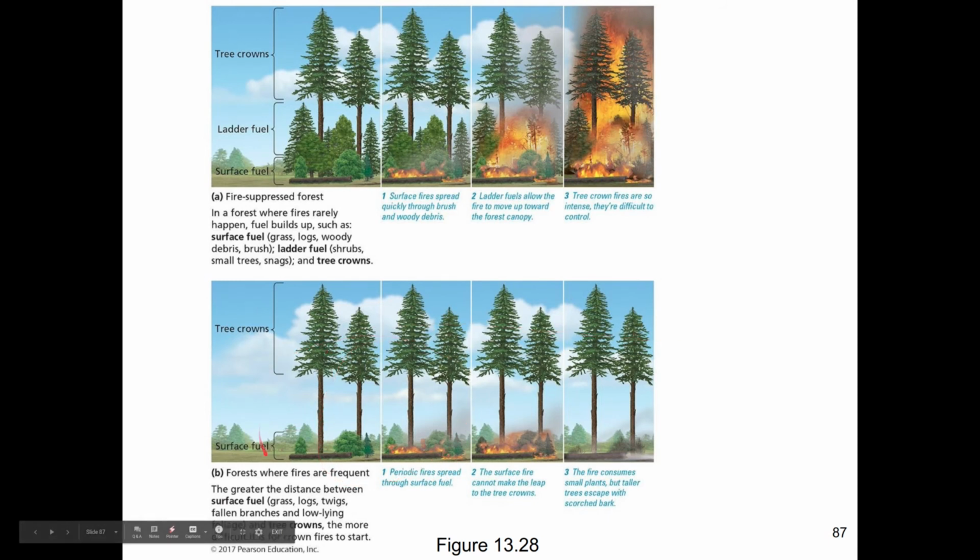So in places where you have little fires, it burns the ground, would open the pine cones, and it would also clear out all the plants, so there's more sunlight hitting the ground for the seeds from the knob cone pines, for example. Other adaptations are fire-resistant bark.